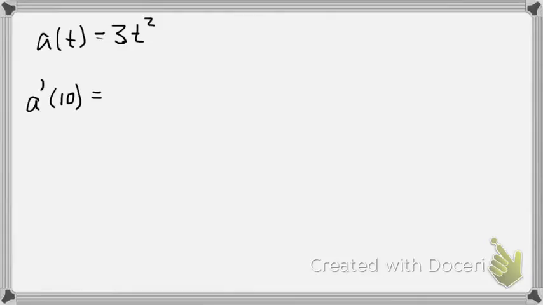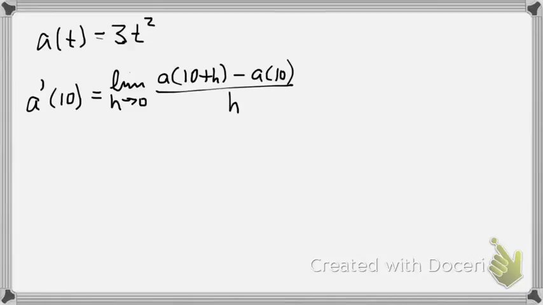So, most importantly in this section, the definition: limit as h approaches 0 of a of 10 plus h minus a of 10 all over h. Do you guys see how I'm setting this up? So we've got the limit as h approaches 0.